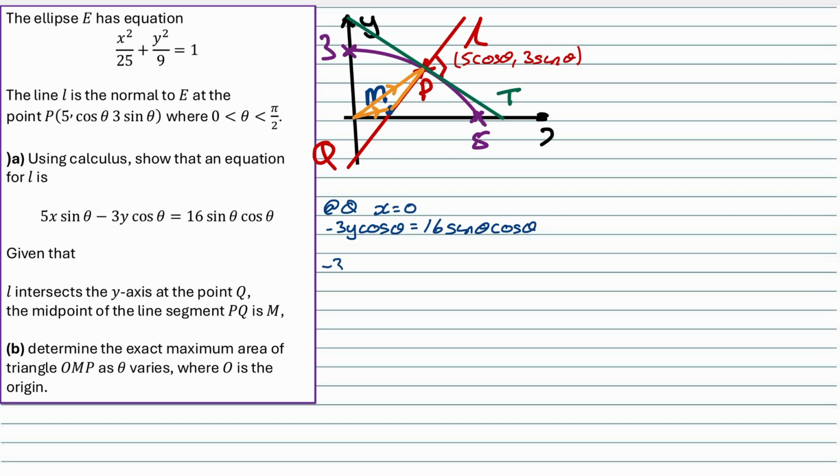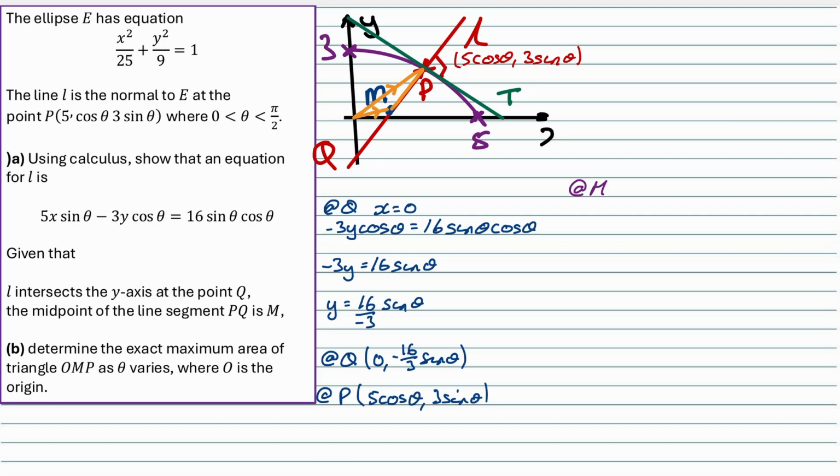So we'll have minus 3y equals 16 sine theta. So y will be 16 over negative 3 sine theta. So at Q, the coordinates are x is 0 and y is negative 16 over 3 sine theta. And at P, we've got the coordinates 5 cos theta, 3 sine theta.